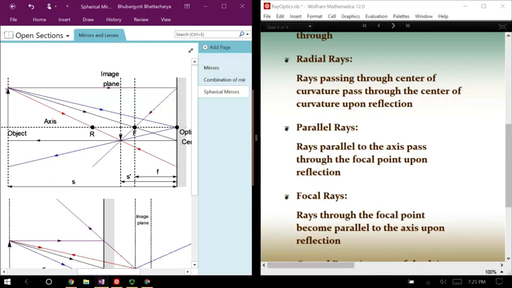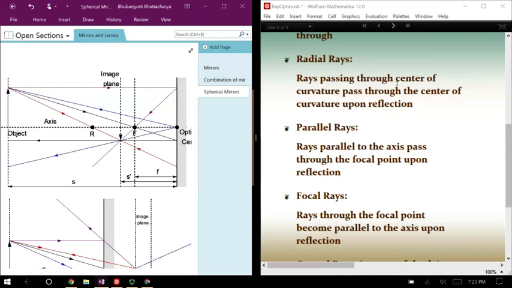The radial ray is this red ray of light coming from the tip of the arrow and going through the center of curvature, which is marked by this R. The R represents that this is one radius of curvature away from the optical center. The F marks that this is one focal length away from the optical center.